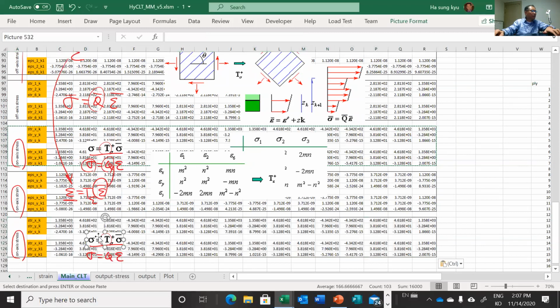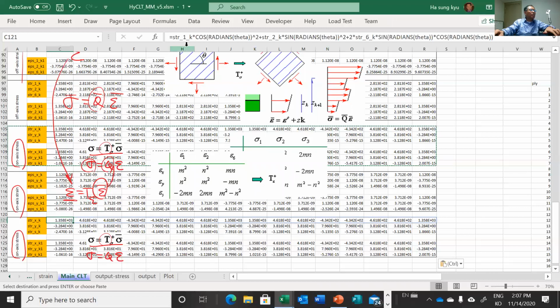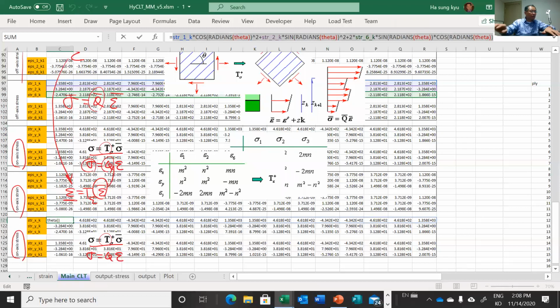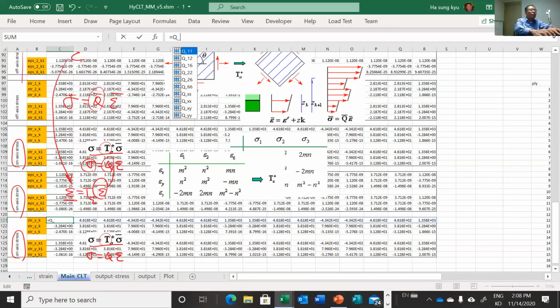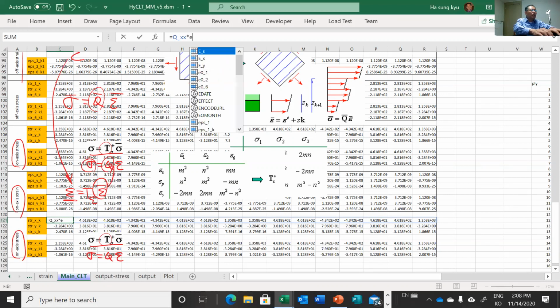On-axis strain, but now we are calculating by the Qxx times epsilon x, this is K, right?